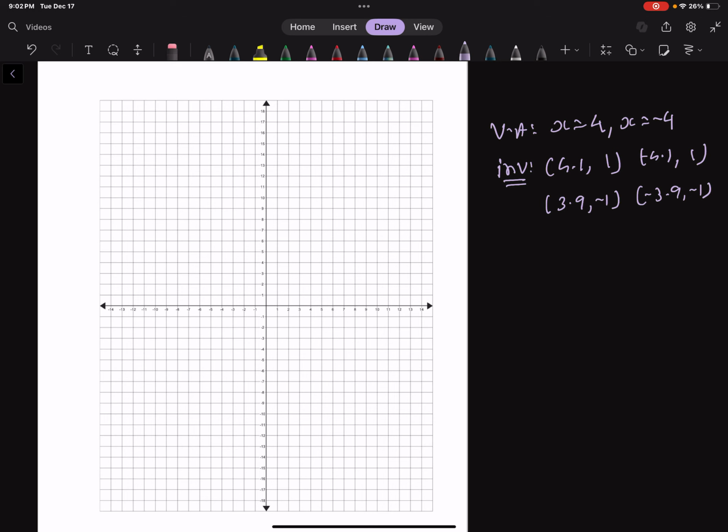Okay, we also need the vertex. So the vertex of the parabola, y equals x squared minus 16.